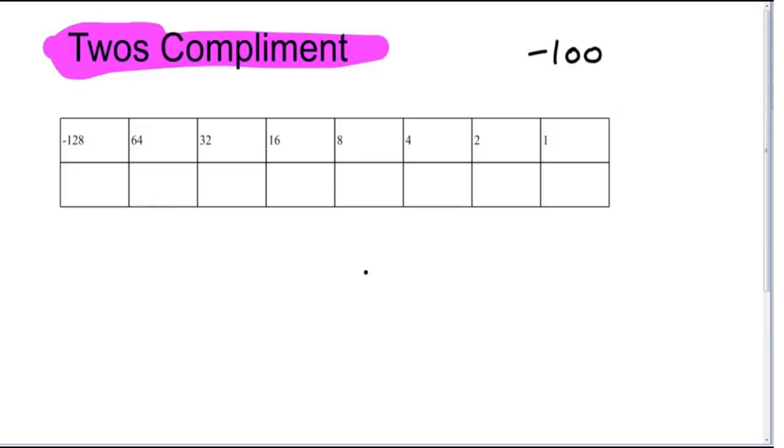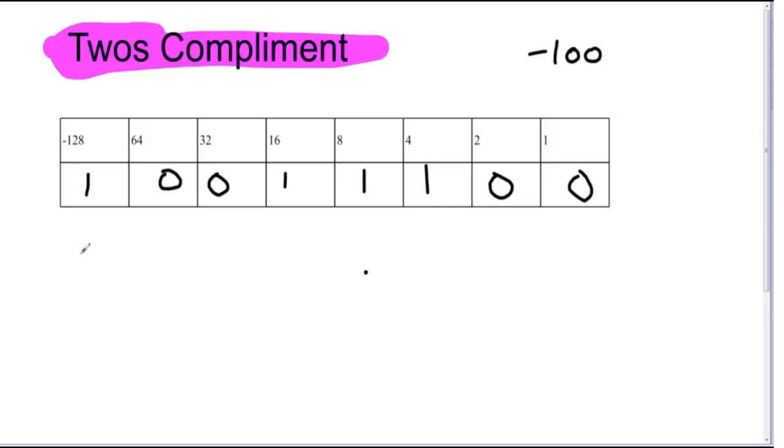Okay, so the way that we do that is, it's going to be a negative number, so I'm going to pop a 1 in here, and then I need to make the 28 using the other 7 bits to the right. So a 16, an 8 and a 4 make 28. So if I add that 28 to the minus 128, I'm actually left with minus 100.